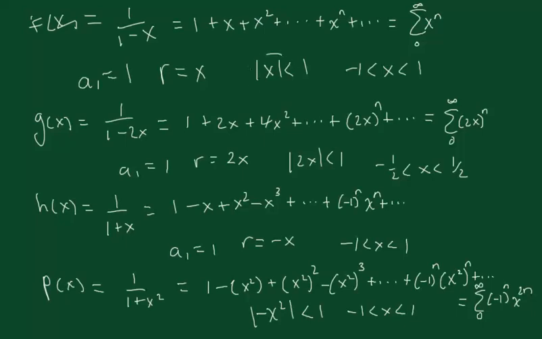But not all the radii of convergence are equal to 1. Here the radius is 1. Here the radius, when we divide out the 2, is going to be a half. So just interesting to note.